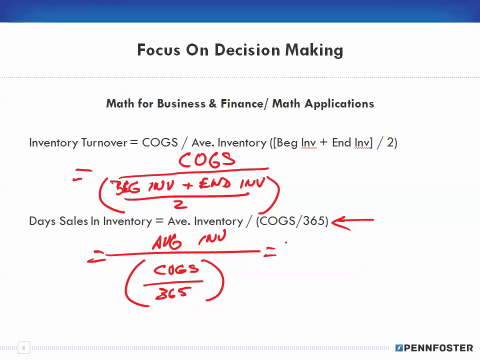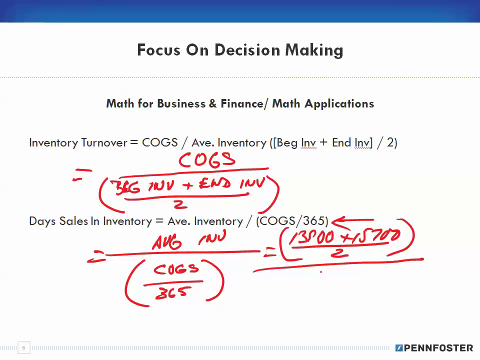So if we're using the numbers in the book, again, we were given 13,900 plus 15,700, and that's all divided by 2, which gives me my average inventory, okay? And then I take my cost of goods sold, which was the 90,300, and I divide that by 365, which is in the denominator.